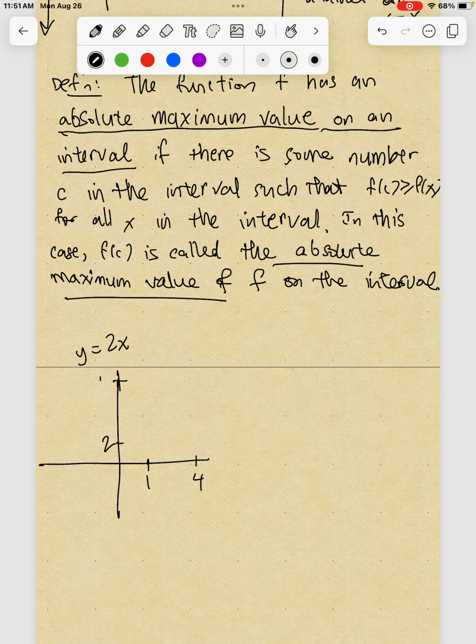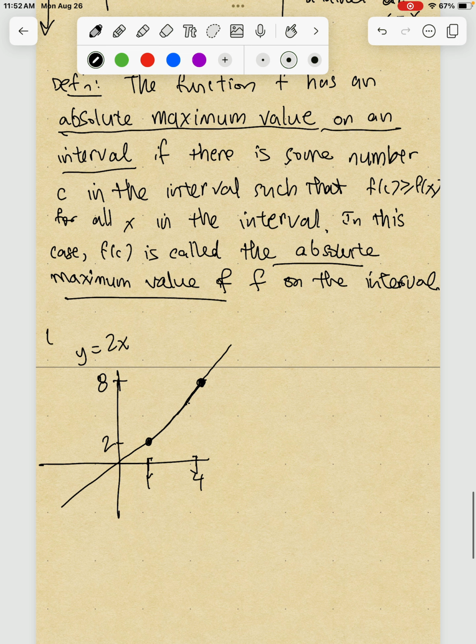When x is 4, y is equal to 8. So it goes through these 2 points, and goes through the origin. Okay, not the best picture. It should be a straight line, but whatever. Okay, so on the interval from 1 to 4, this closed interval, the y values go from 2 to 8, right?